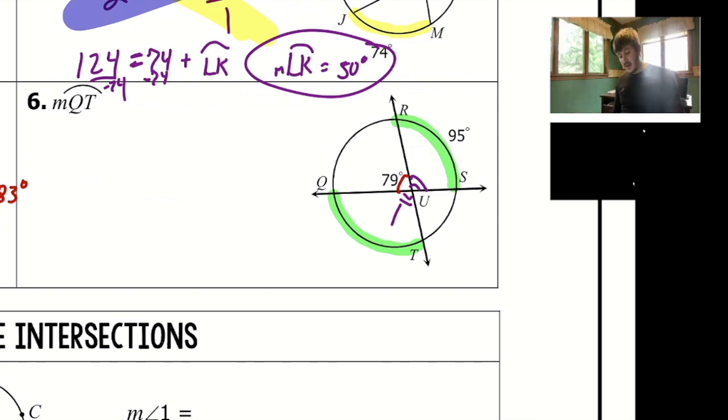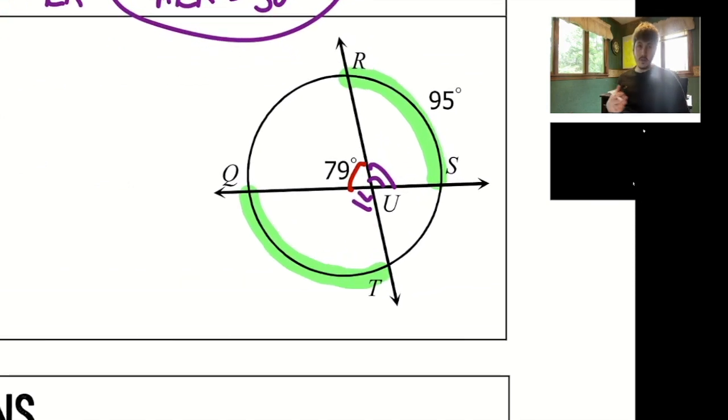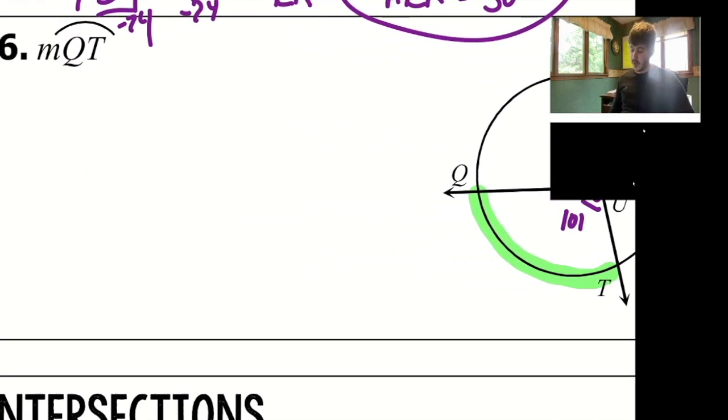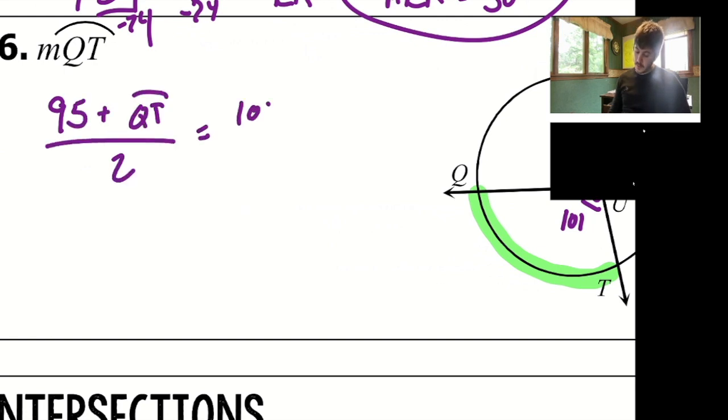So we do have an initial first step, which is the linear pair, the supplement of 79, which is 101. So 101 is the number you want to use. 101 is the number you're going to set the two arcs divided by 2 equal to. So it's 95 plus QT divided by 2 equals 101.